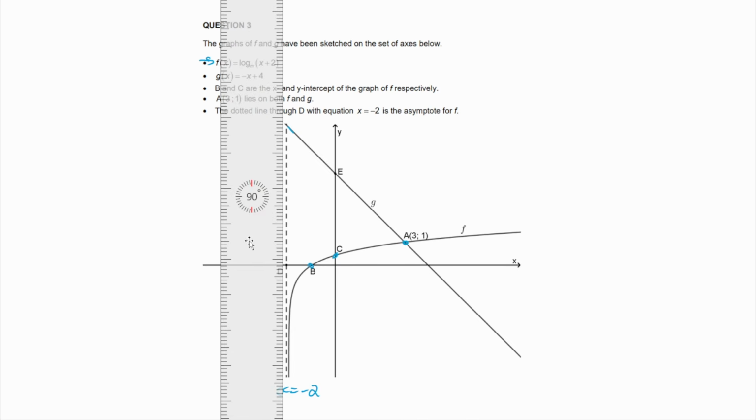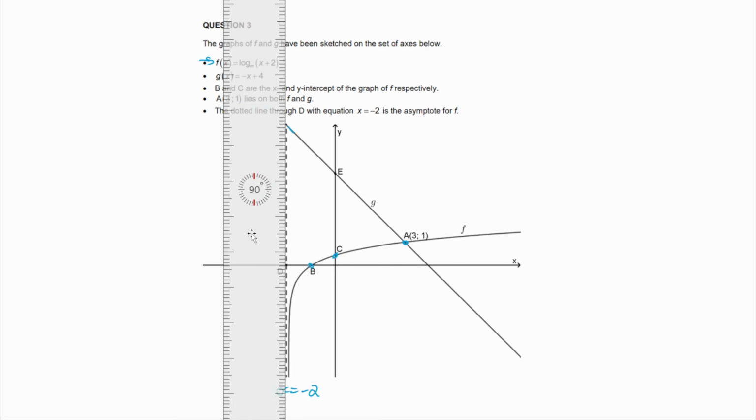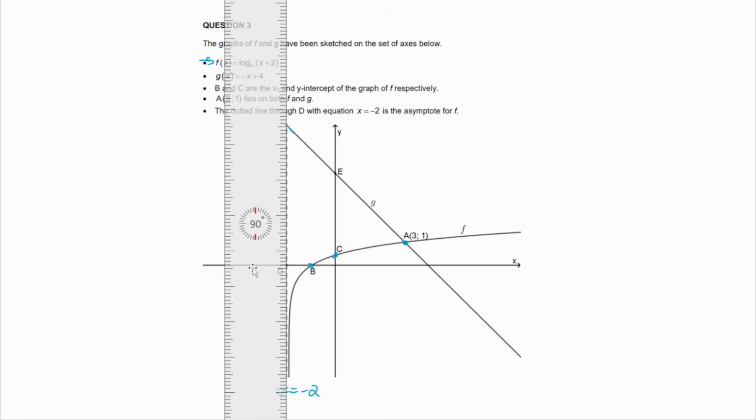You can see that the graph of f only starts existing from this point, -2 onwards, only to the right of -2. It doesn't even exist at x equal to -2, because that's an asymptote. But you can see just from the right of -2, g is above.